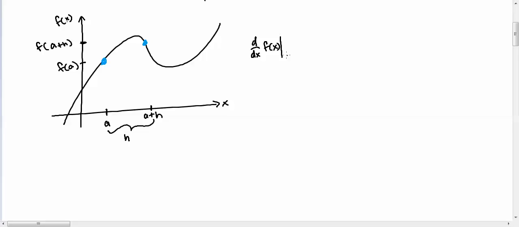All right, so finding the derivative of this is, okay, what is the y2 in this case? The y2 would be f of a plus h, right? It's the higher one, minus f of a. Good.